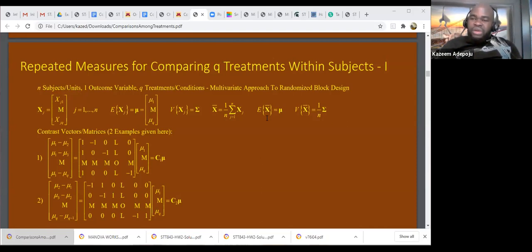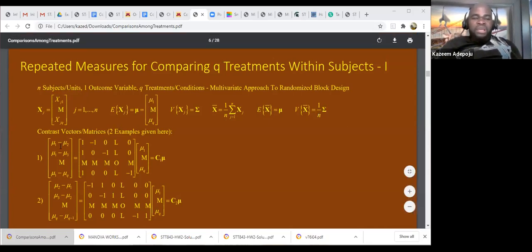Yesterday, as I talked about the sampling distribution of multivariate, we can do the expected value of the mean, which is going to be this, and the variance of the mean, don't forget, is going to be this divided by n. You remember what we did in the sampling distribution in the multivariate setting.